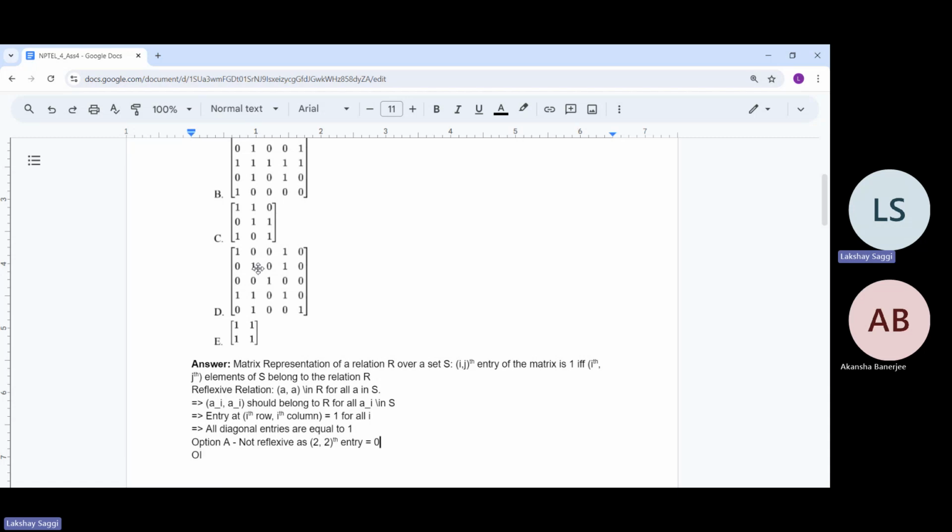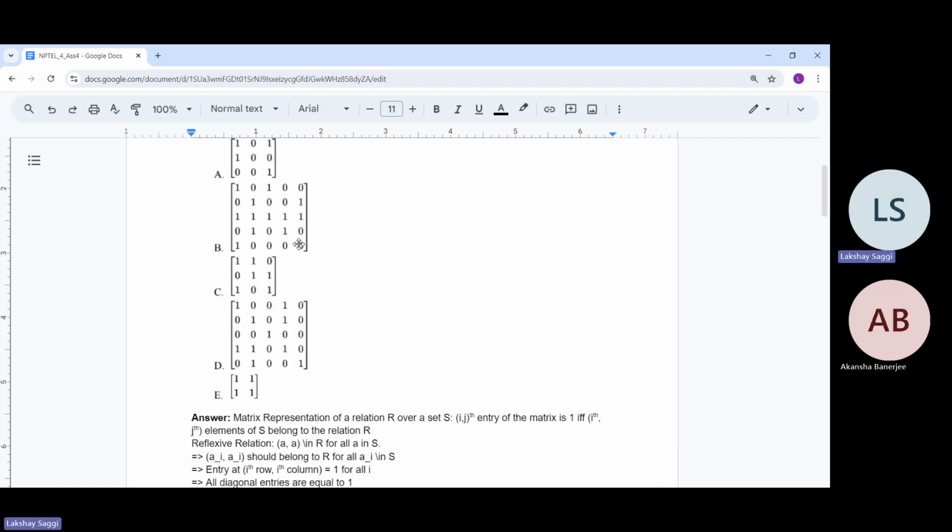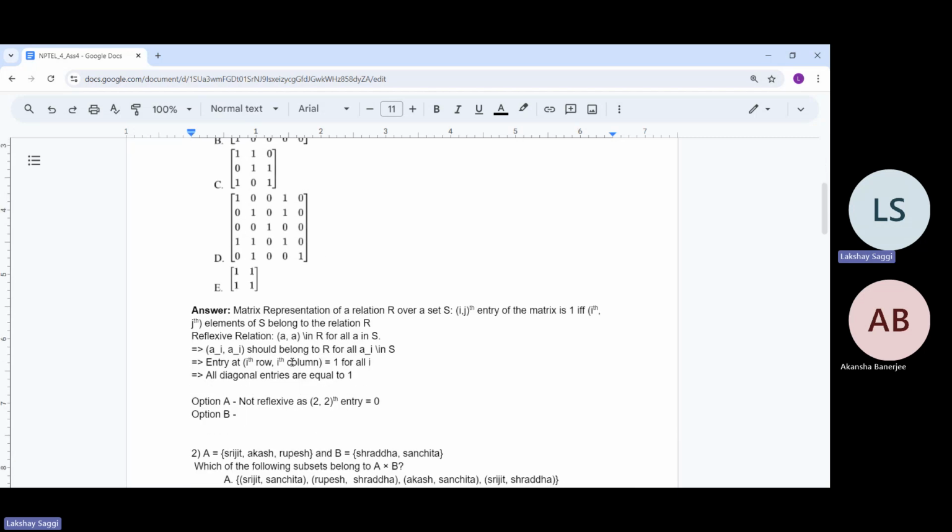Similarly for option B, this is also not reflexive because the 5 comma 5 entry is 0.